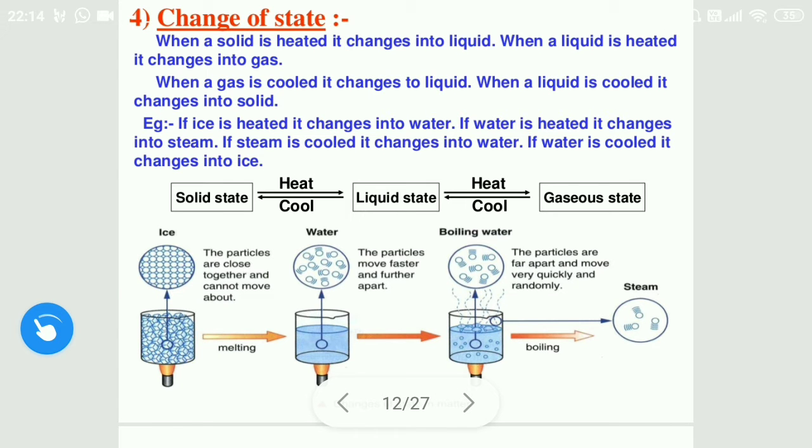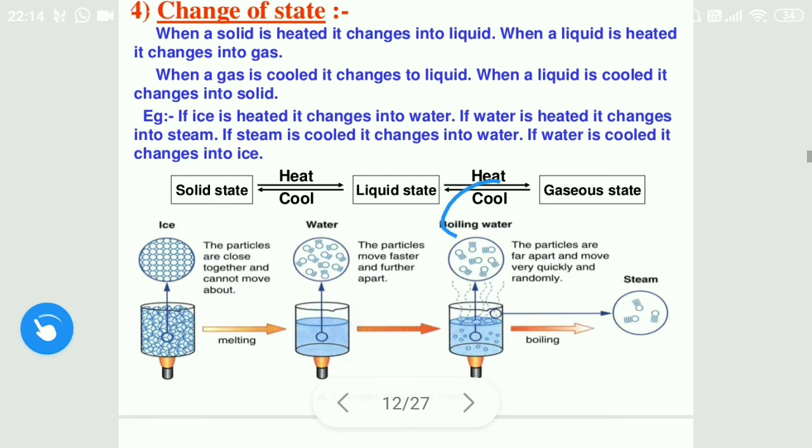Next topic is change of state, that is changing of solid to liquid, liquid to gas, or vice versa. In order to change the state of matter, we have to heat it or cool it.